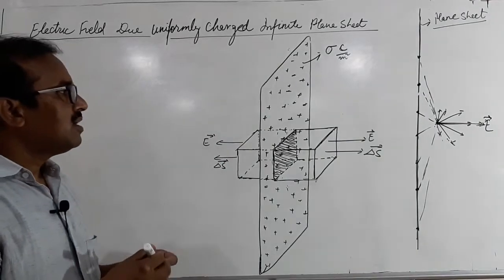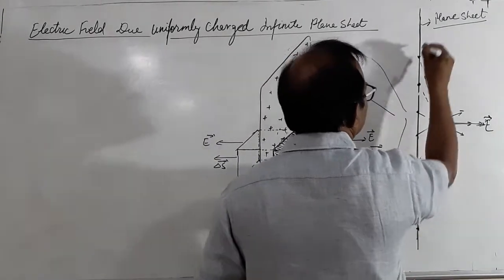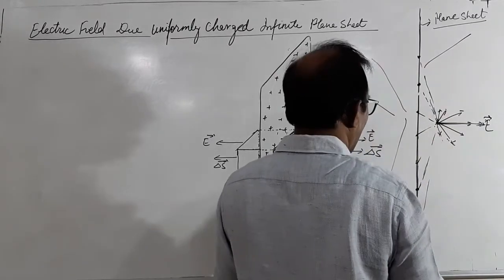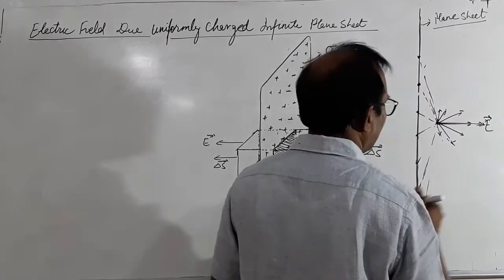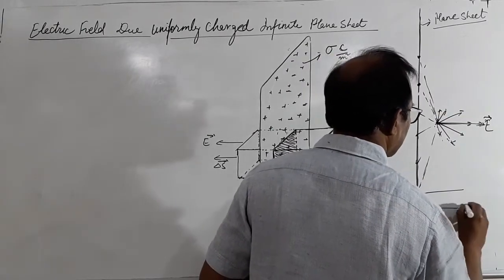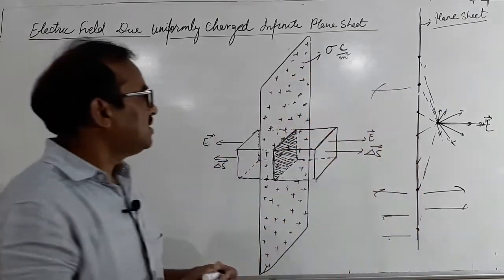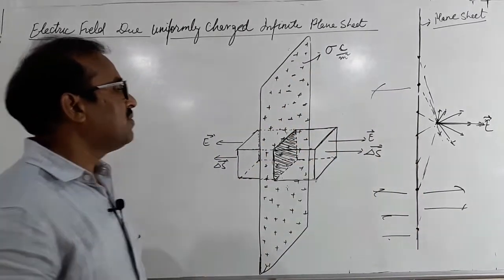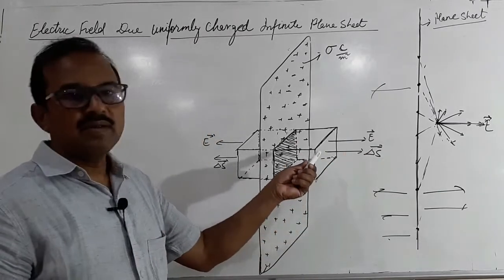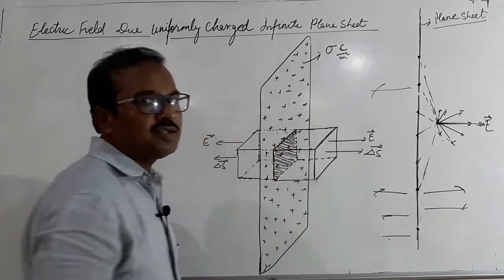So no field line is like this or like this; all field lines are perpendicular to this distribution. See the figure here: electric field lines will be emerging out from the face which is parallel to the distribution.